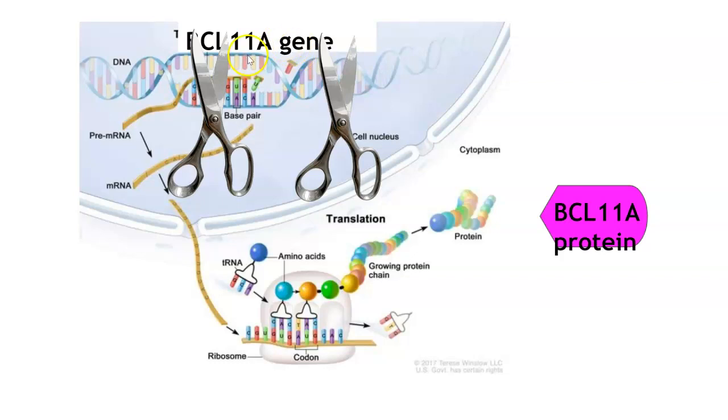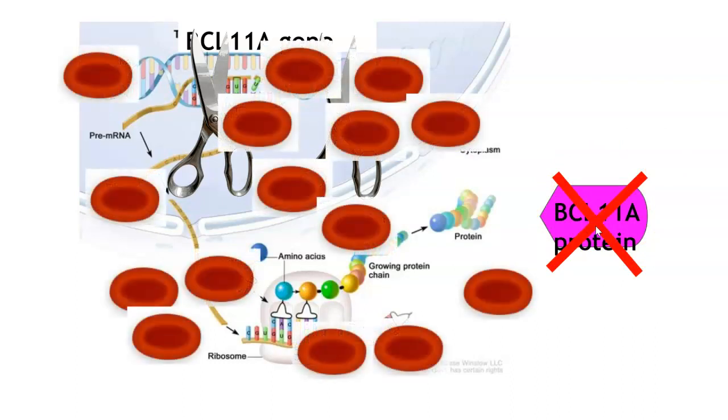We use CRISPR-Cas9, Control F: hey, would you go find this gene in the genome and cut it out? And that's going to take care of this protein. And without this protein, guess what? Victoria Gray, Omar could be making totally normal red blood cells. They're the fetal ones, which hold a little closer to that oxygen, but better than the sickle cell version. So that is your primer on what's going on with sickle cell disease, what fetal hemoglobin is, and how we can use CRISPR-Cas9 to try to fix that.